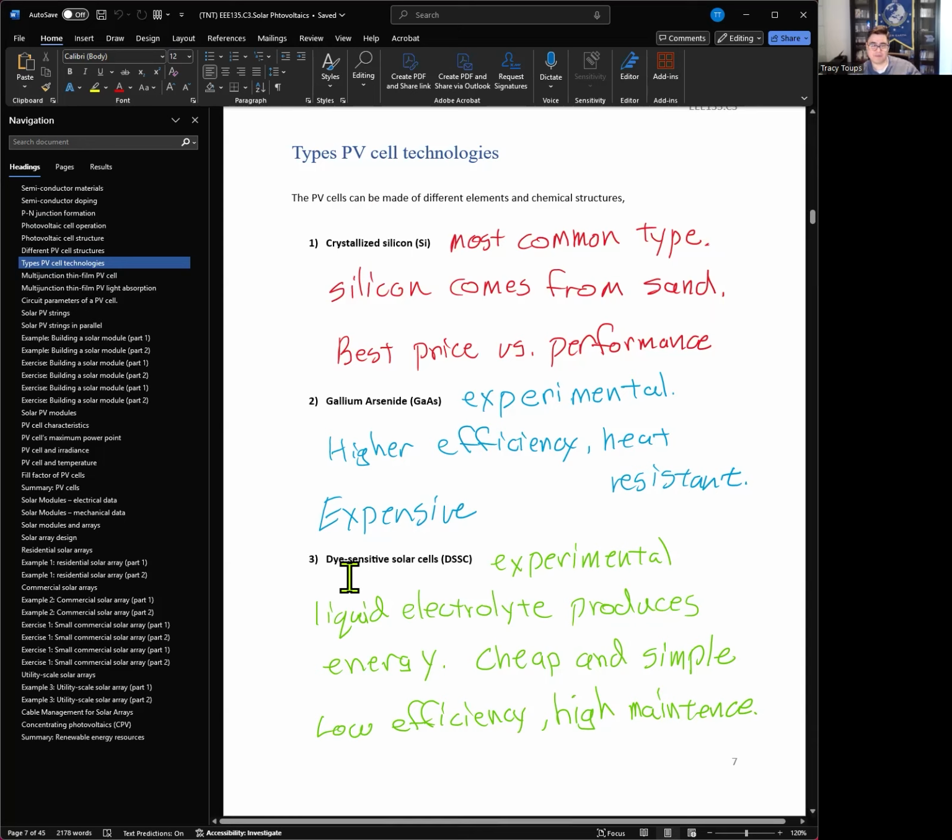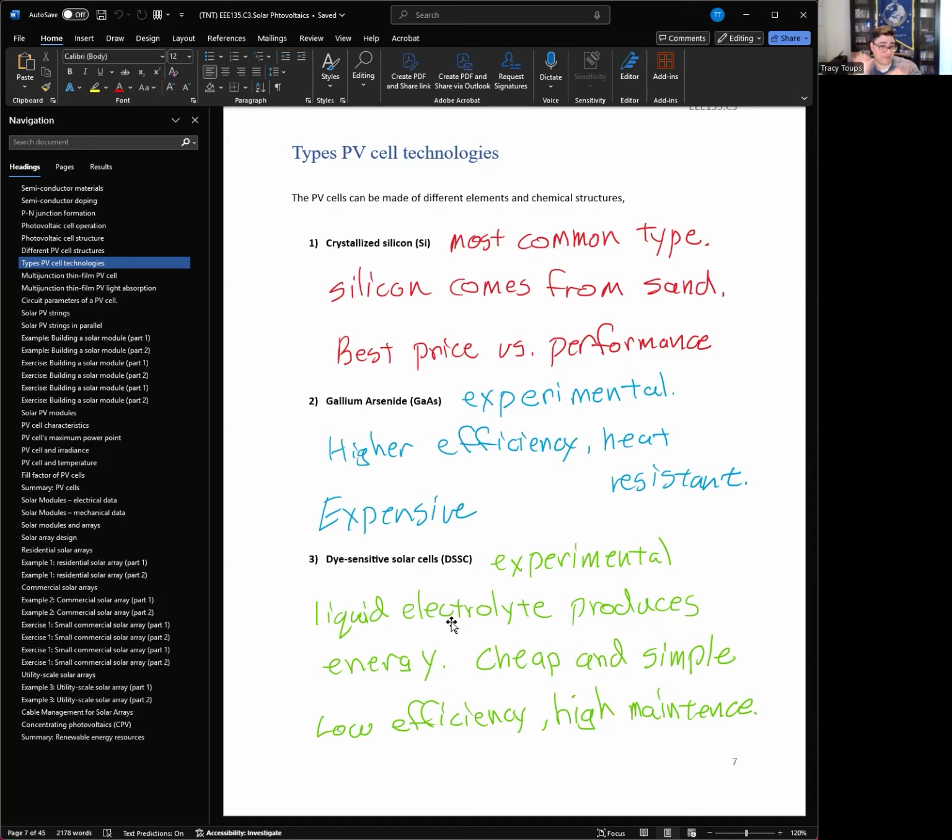Another separate thing you can look at is the dye-sensitized solar cell. So the logic is instead of having a solid structure like a lattice structure, we can literally have liquid electrolytes. So instead of the silicon lattice structure, it's more of a fluid type of liquid where you have the molecules moving around.